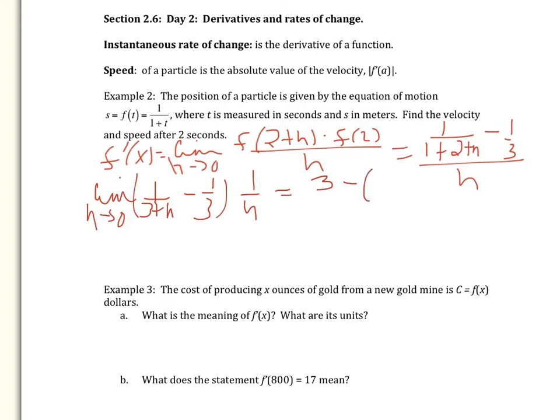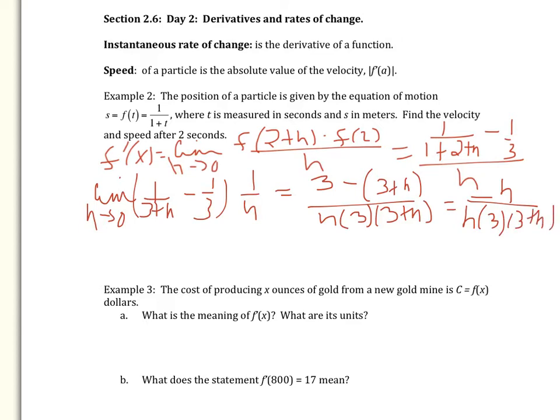The second fraction is missing the 3 plus h. And that's all over h times 3 plus h. All right, so if we distribute that negative symbol, the 3's will cancel. We'll be left with negative h in the numerator, h times 3 plus h in the denominator.